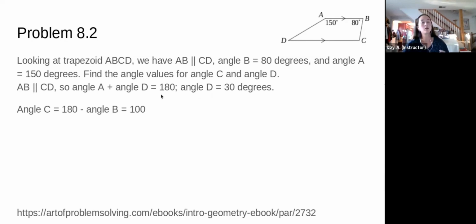At the same time, we can apply that same knowledge to angles B and C. We can either add up angle B plus angle C to make it 180, or we can isolate angle C and do 180 minus angle B, which is 80, which is going to equal 100. I'll leave this up here for just a few moments.